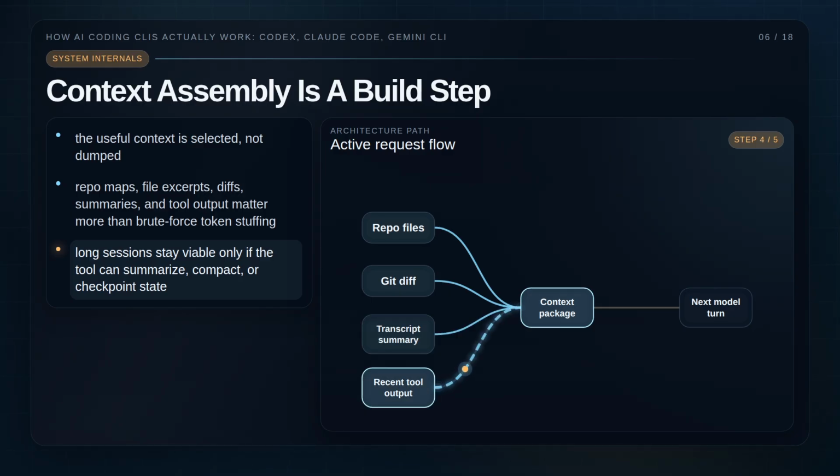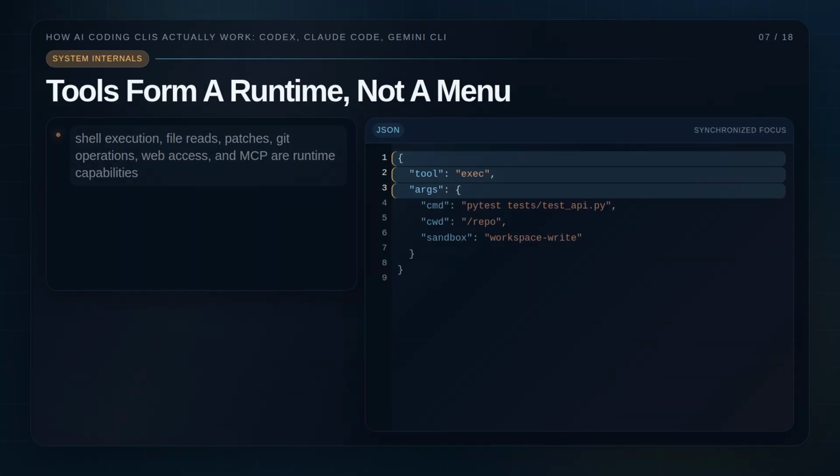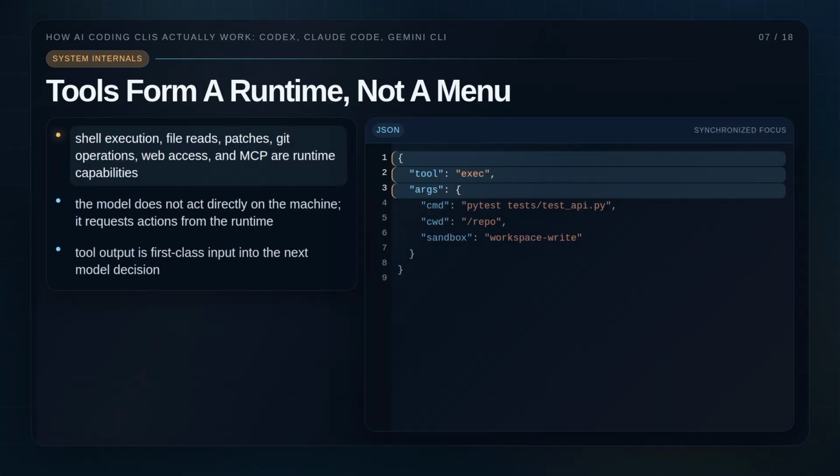Gemini CLI documents checkpoints and plan mode. Codex emphasizes instruction layering, tasks, and multi-agent execution. Different products expose it differently, but the shared reality is that a durable CLI needs a context pipeline, not just a big context window.